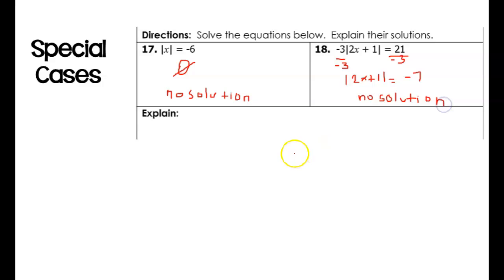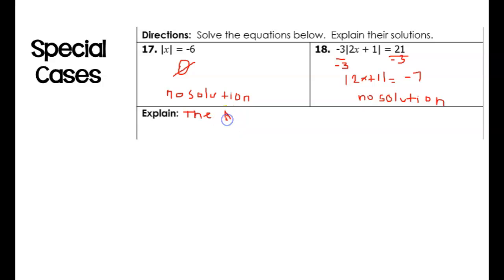And what is the explanation, guys? No solution, why? What is the explanation? The absolute value, and I'm just going to put AV. You guys write absolute value. Miss Ben is writing. Well, you know what? I can write it over here. It's easier.